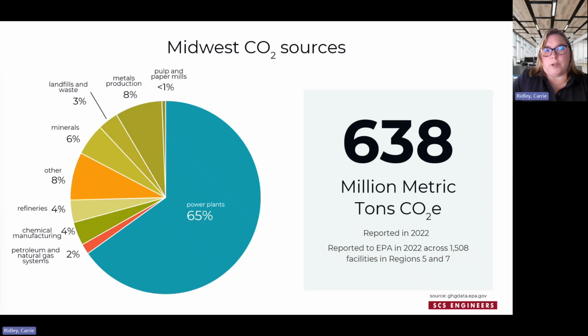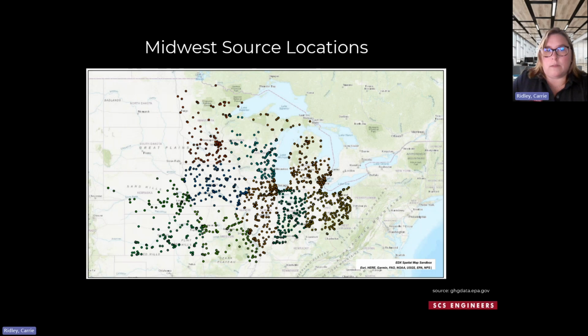And for some reason, there's a higher production of metals than average across the US, which also has dirtier CO2. As far as source locations, the highest emissions in the Midwest are related to the urban areas around Kansas City, St. Louis, Chicago, Detroit, and the Twin Cities.